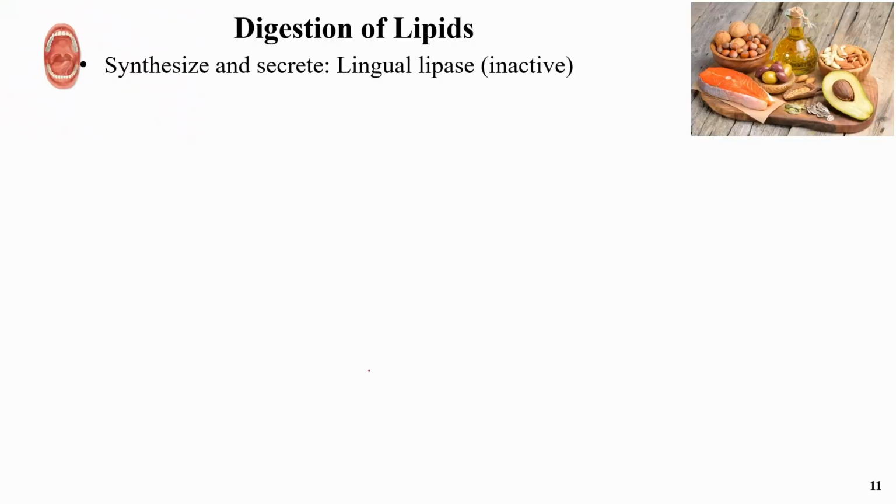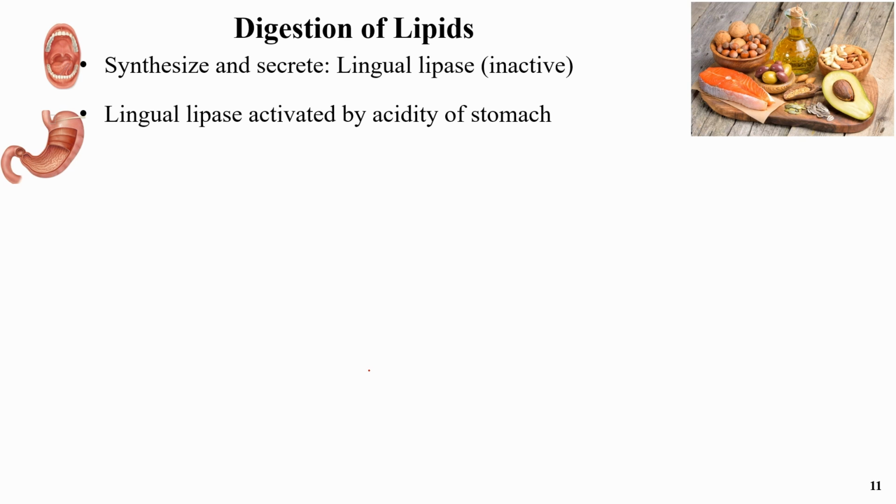First of all, there's the lingual lipase, which is inactive. It's from the mouth and from the salivary gland. That's inactive. Okay, I'll come back to triglycerides later. Once the lingual lipase gets to the stomach, the hydrochloric acid in the stomach helps to activate the lingual lipase.